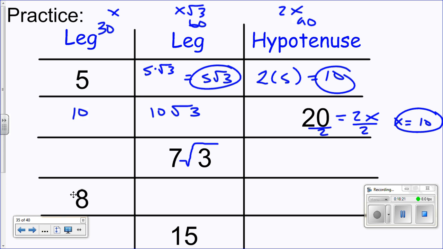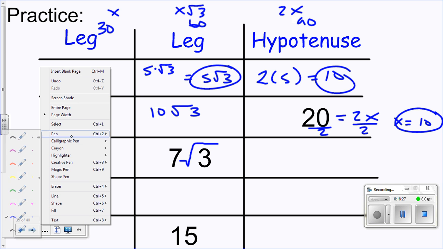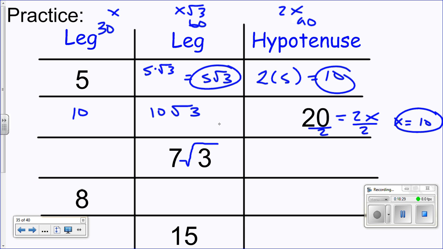And let's do this next row, and we'll leave it at that. It gives us the long leg, right? So since they give us the long leg, they are giving us x root 3. So they are telling us that in x's place is 7. So that means x equals 7.